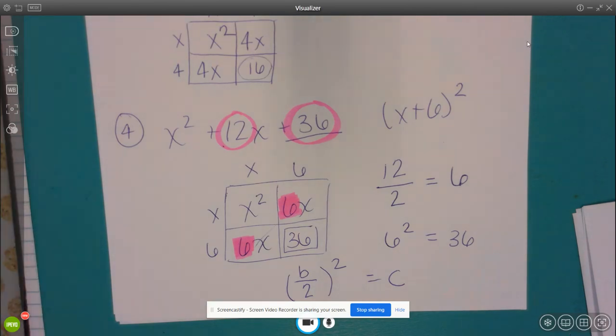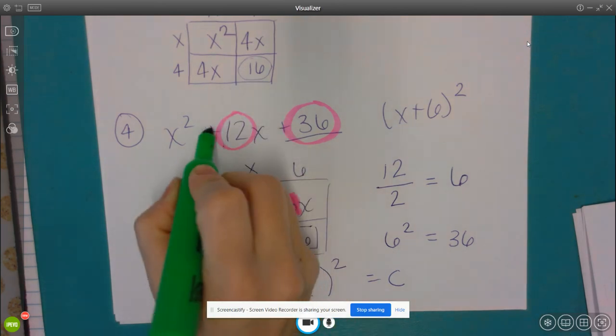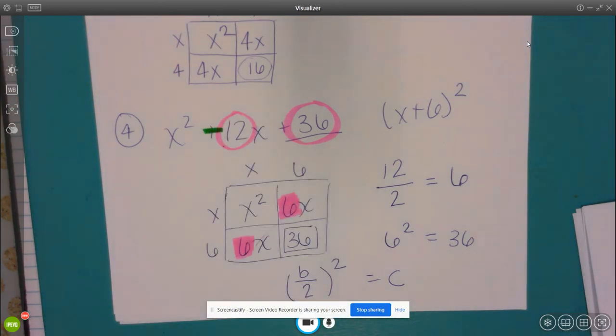So the next question they asked us, what if b was negative, would this process still work? So if, and I'm going to grab a different color just so we can see this, if this had been negative 12 instead of positive 12, could I have still done this? Absolutely.